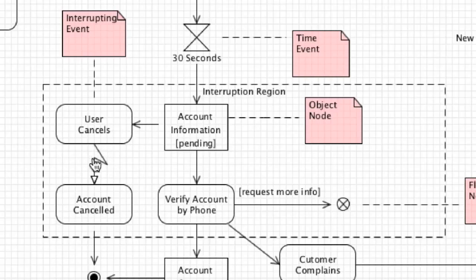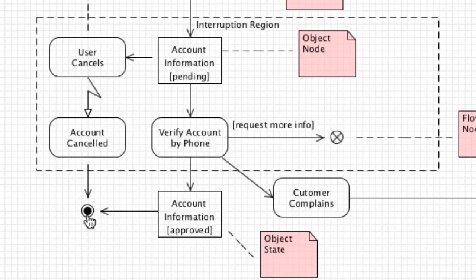In that situation, you'd put this little lightning-shaped arrow over here, and then go directly to account canceled, which will then eventually link to the final node that will end the entire activity flow. So anytime you have an interruption region which surrounds a block of activity nodes, you know that somewhere inside of there you're going to find an interruption event, which is represented by this lightning-shaped arrow.